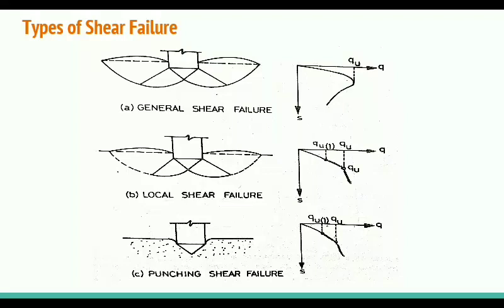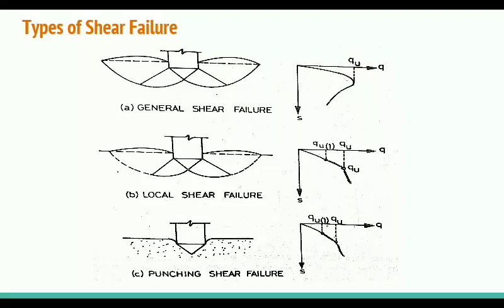In the figure you can see that at the value of Qu1, the foundation movement happens due to a sudden jerk, and when you increase the load intensity again, the failure surface extends up to the ground surface, shown in the figure by the dotted line.